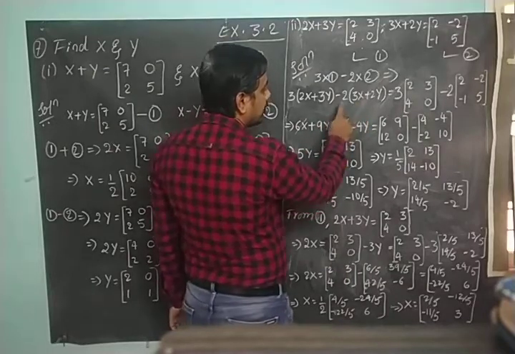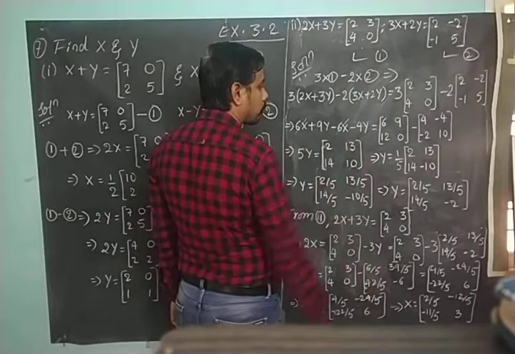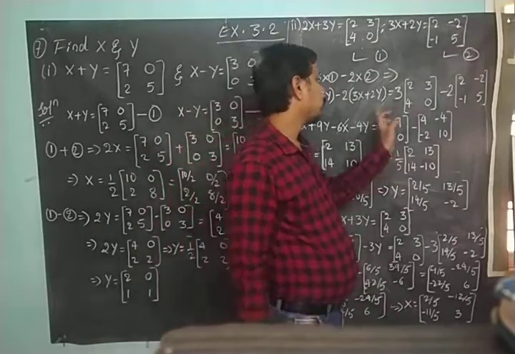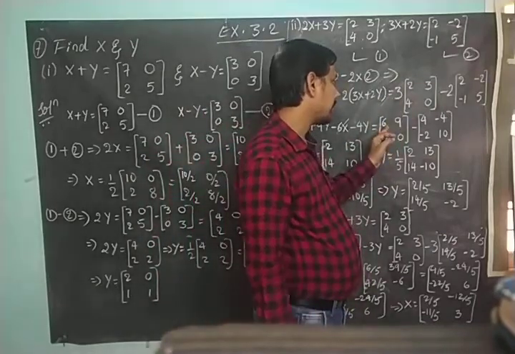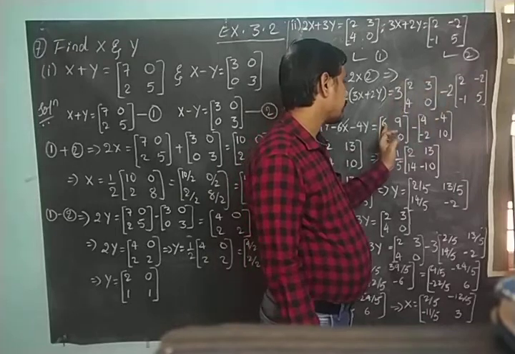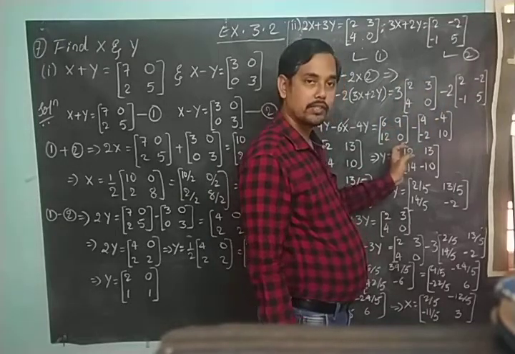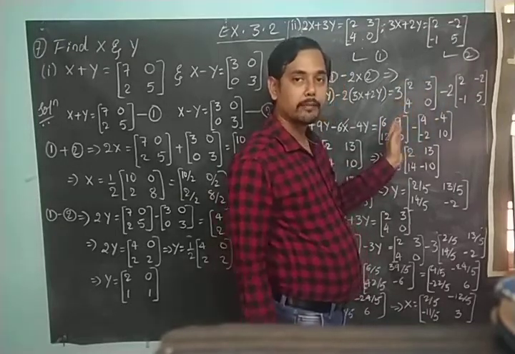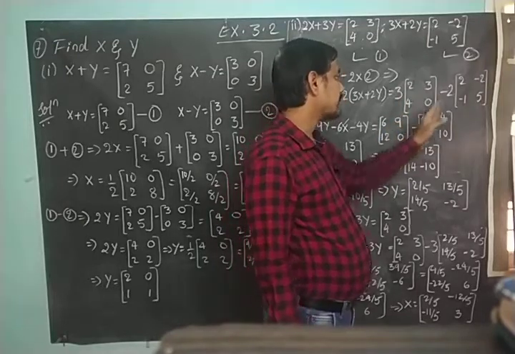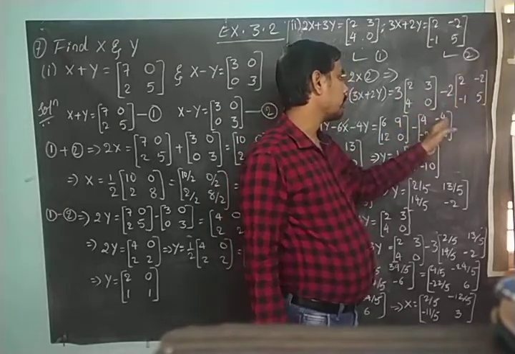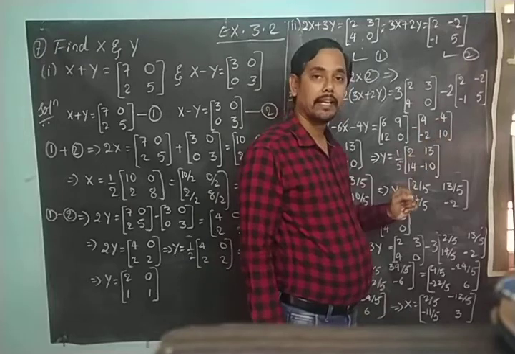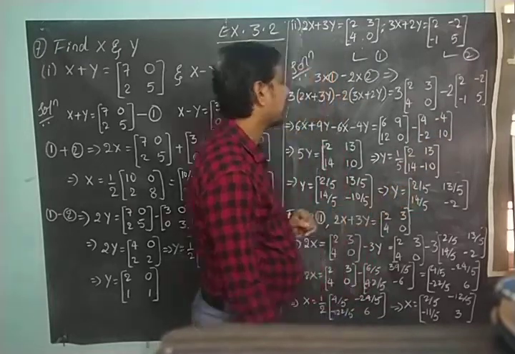Minus 6x. Minus 2 into 2y? Minus 4y. That will be equal to, take 3 inside, this matrix becomes 6, 9, 12, 0. Because each and every element will get multiplied by 3. Minus, if I take 2 inside, 4 minus 2, 10. Okay, this will be the RHS part.